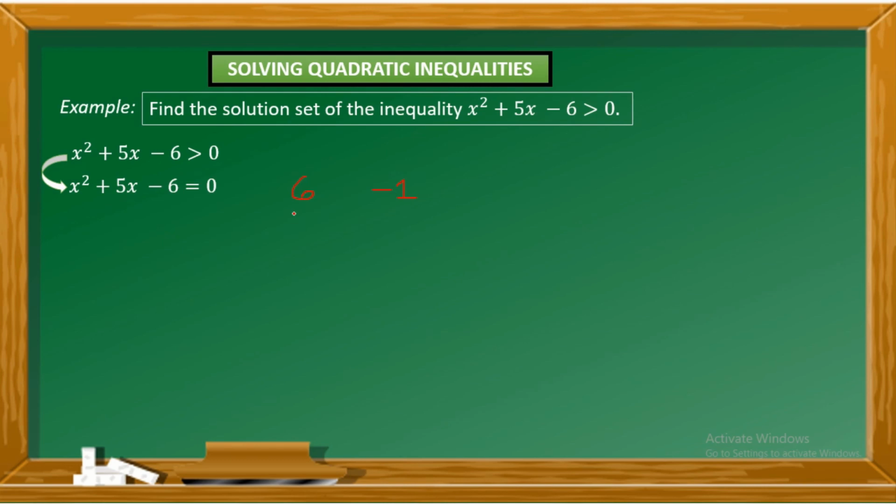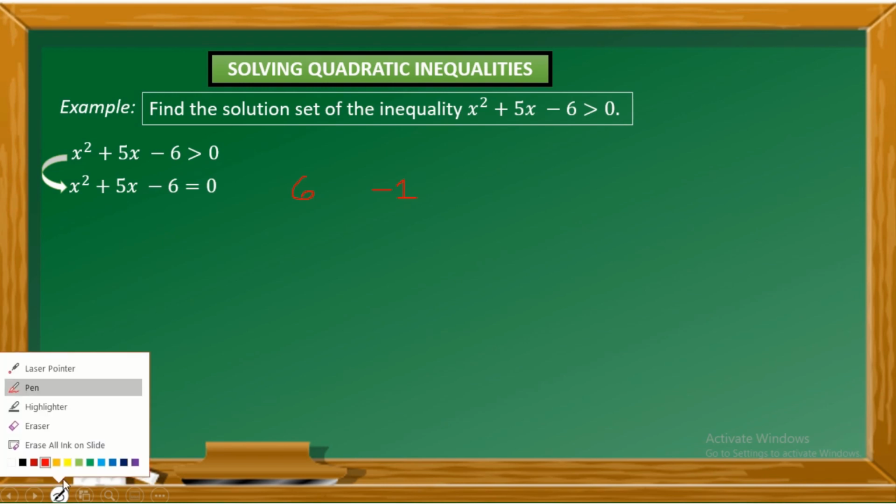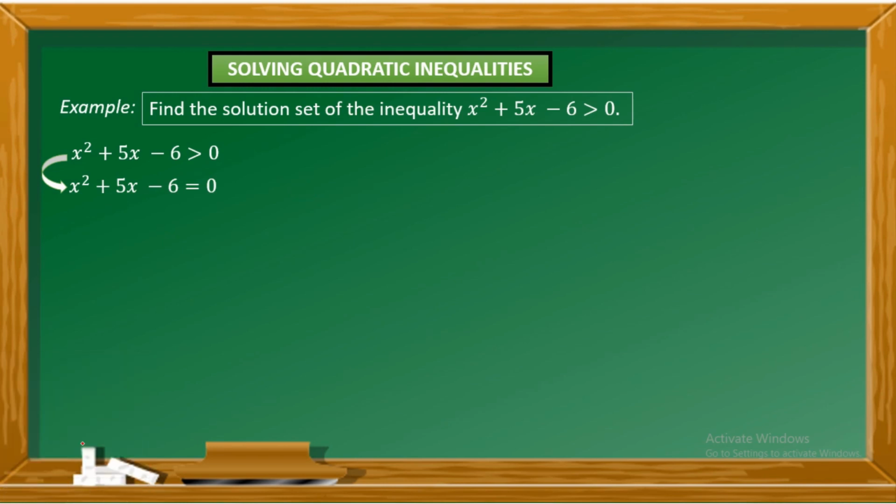It means that the factors of x squared plus 5x minus 6 are x plus 6, since this is positive, and the other one is x minus 1. So x plus 6 times x minus 1 is equal to 0.